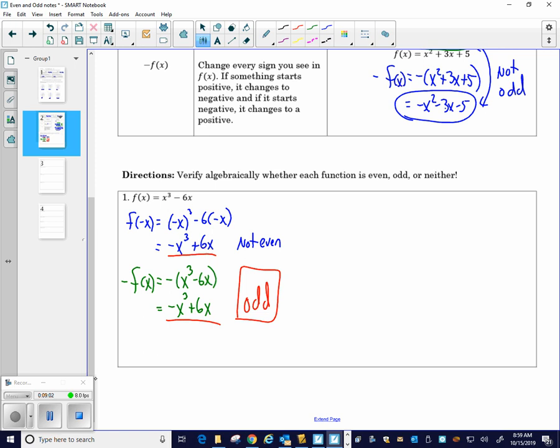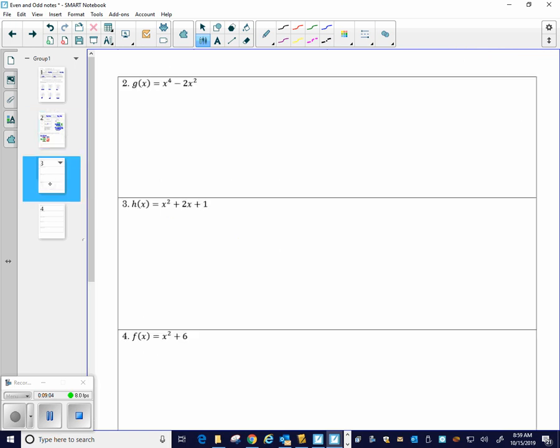All right, a few more examples. We have g of x equals x to the 4th minus 2x squared. Let's test for even first. G of negative x. So if I plug in negative x for every x, and then simplify.